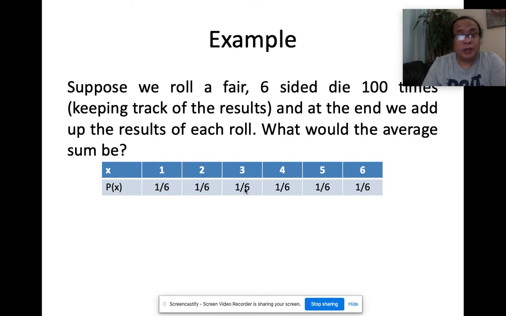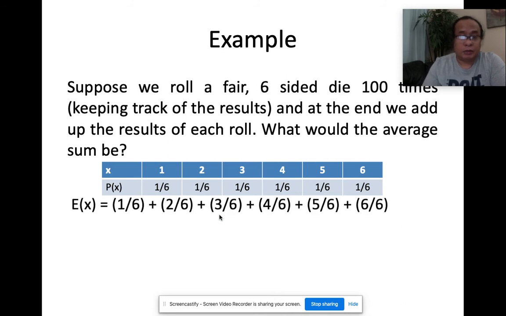All you have to do is multiply each value by its probability, and then add them. E of x equals 1 over 6, plus 2 times 1 over 6 is 2 over 6, 3 times 1 over 6 is 3 over 6, and so on. Since they all have the same denominator, just add up the numerators.